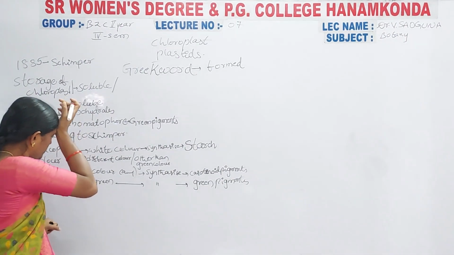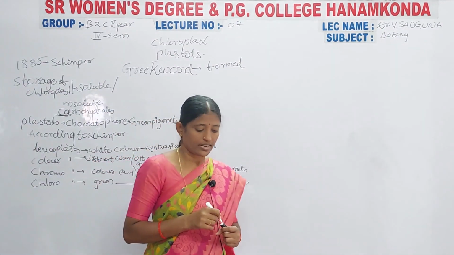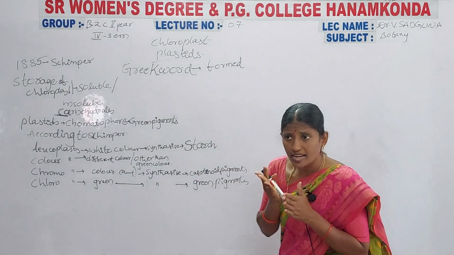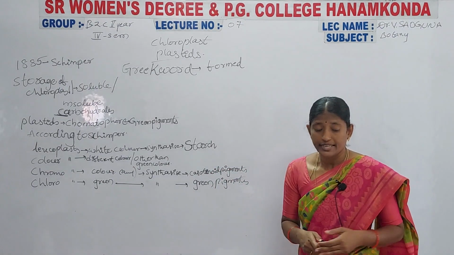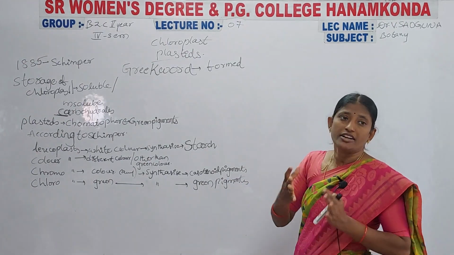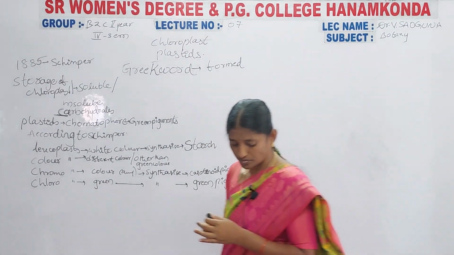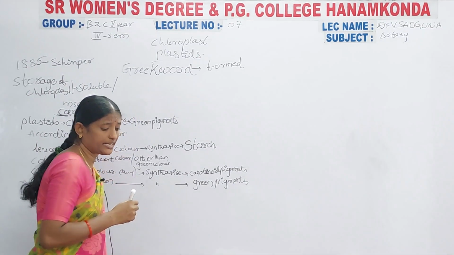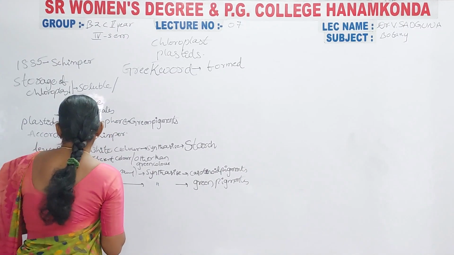The chloroplast is completely surrounded by an envelope of membrane, called the eukaryotic type of membrane. The chloroplast has a eukaryotic membrane.